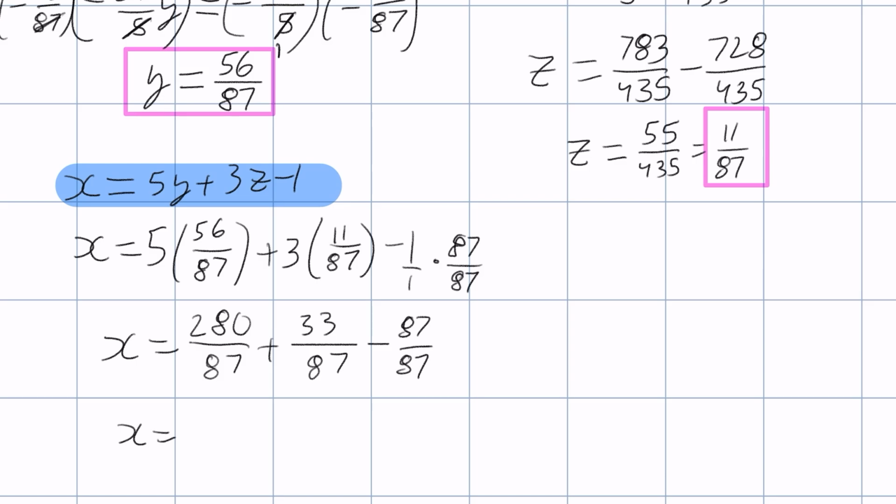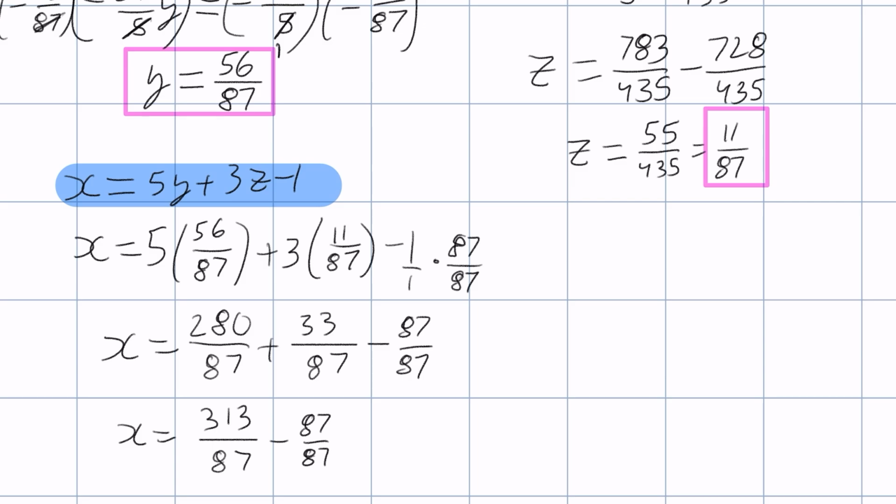So x will be equal to, it'll become 313 over 87 minus 87 over 87. And I was adding 280 plus 33 to get that 313.